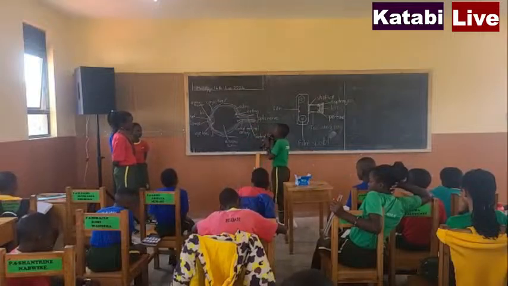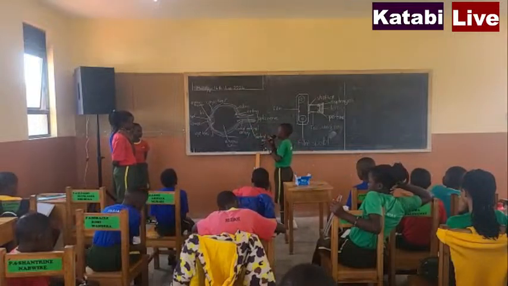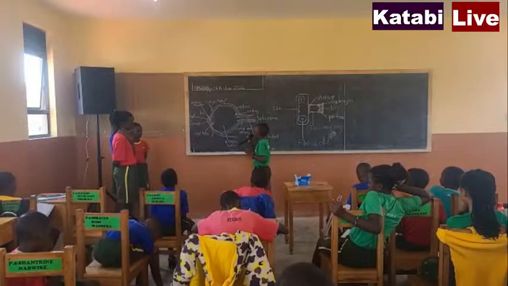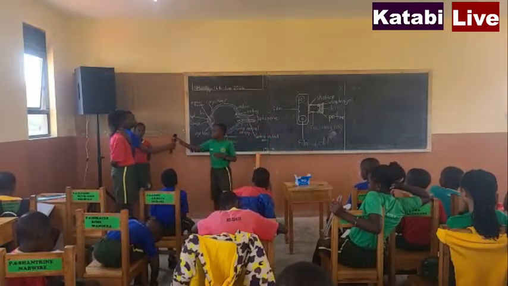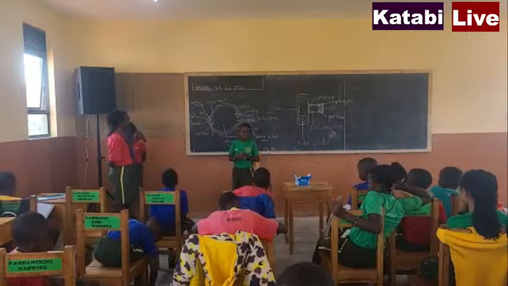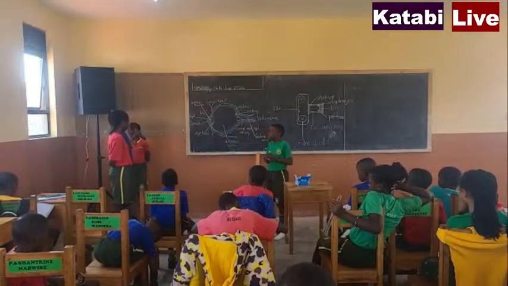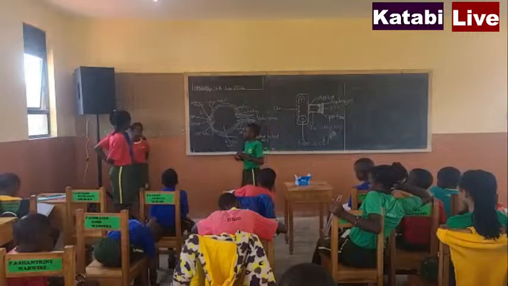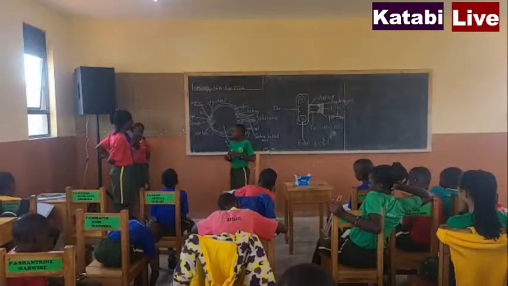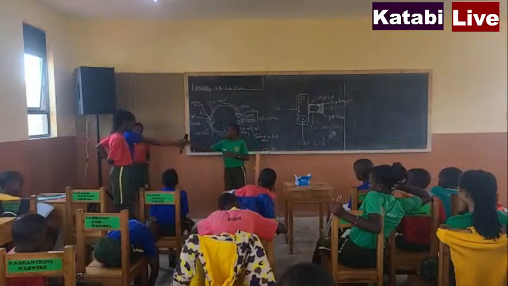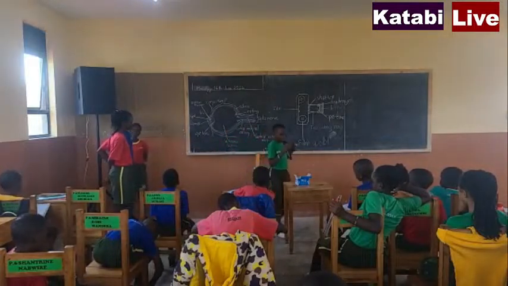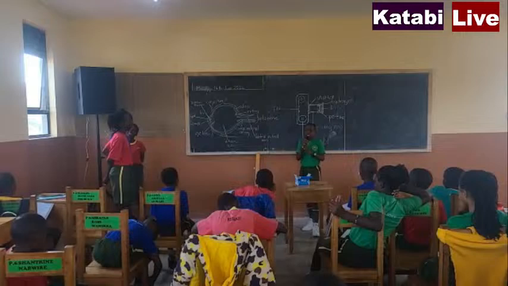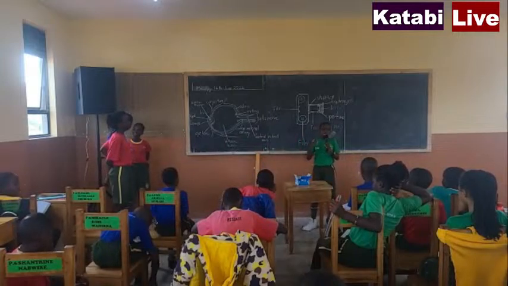So now I'm going to talk about the optic nerve. The optic nerve is a sensory nerve that sends sight messages from the eye to the brain for interpretation of what we see. The optic nerve is the one in charge of sending the image to the brain.